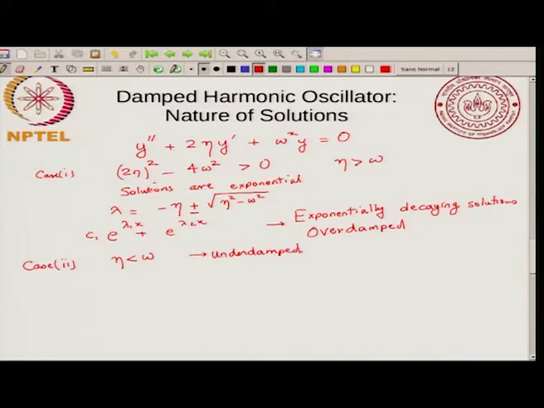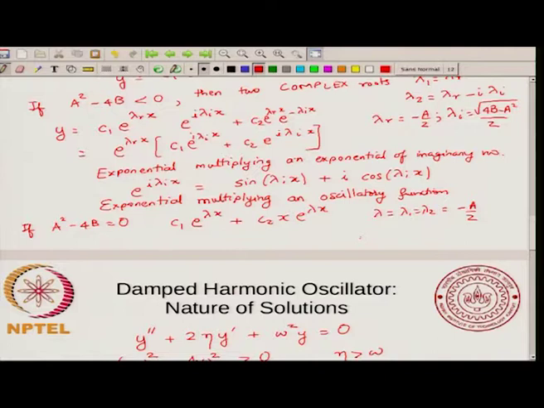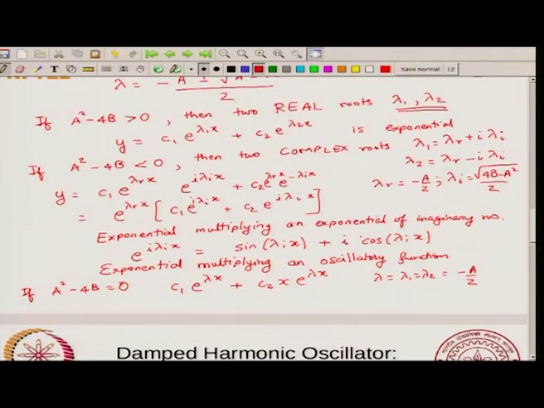It will look like e to the minus eta x, C1 e to the I omega x plus C2 e to the minus I omega x. You can verify this; I just wrote exactly what you had in this case.